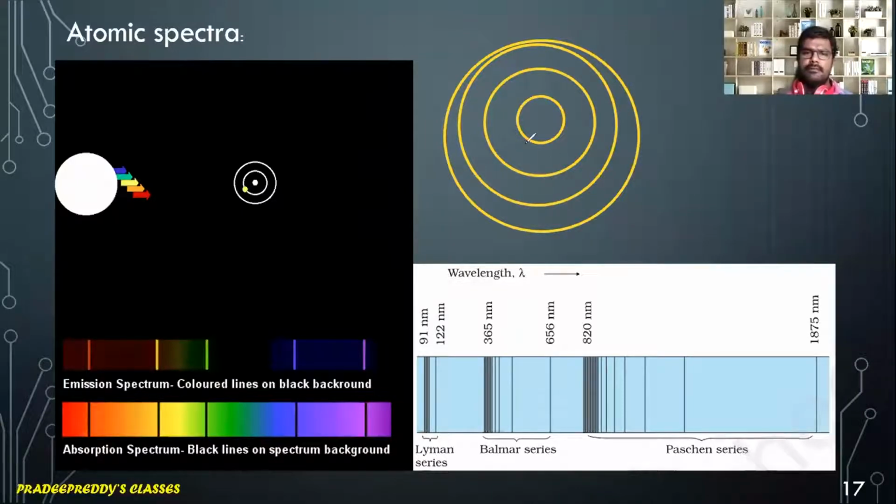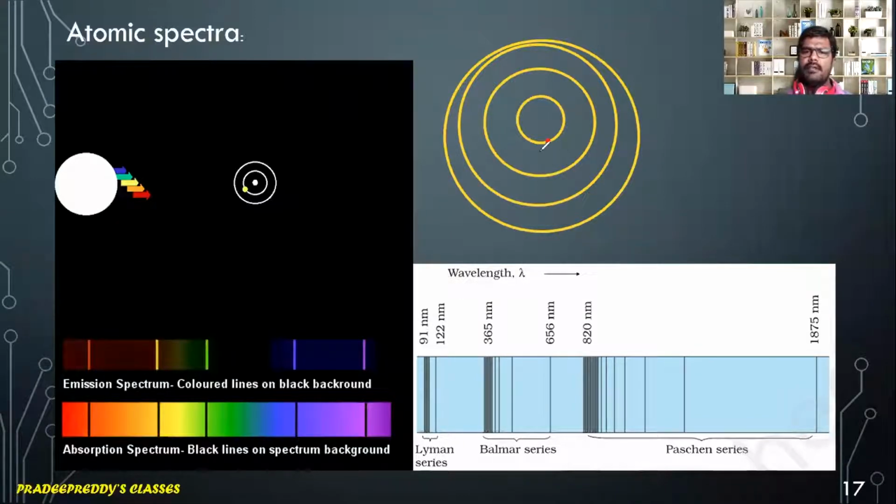Let me consider a hydrogen atom in which there is a nucleus and an electron in one particular orbit. Hydrogen consists of only one electron. Now this electron can absorb some radiation and come out from that orbital, entering another orbital.